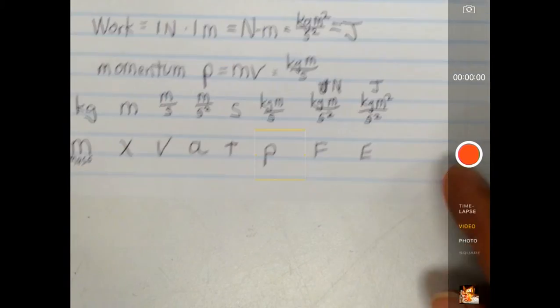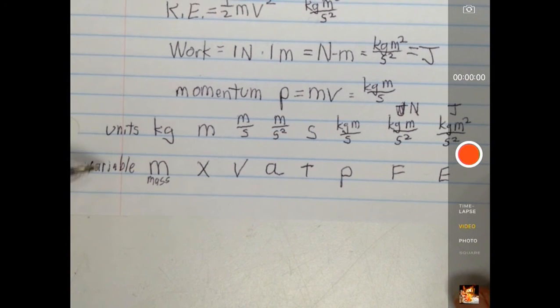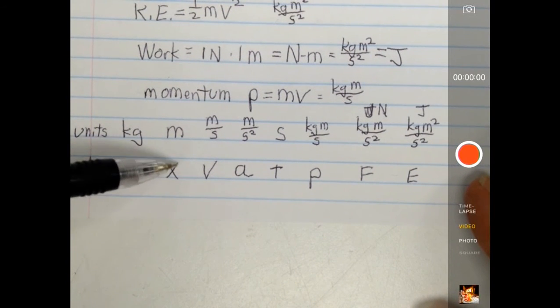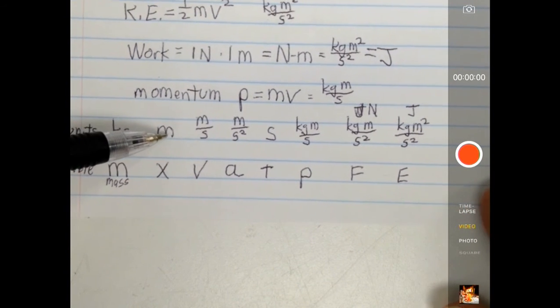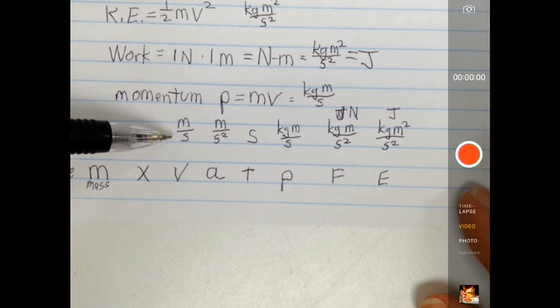I just added two labels on this scribbling here, where I said, look, this upper line was the units. This lower line was the name of the variable associated with those units. The variable mass has units of kilograms. The variable of distance, x or y or r, has units of meters. The units of speed or velocity has units of meters per second.